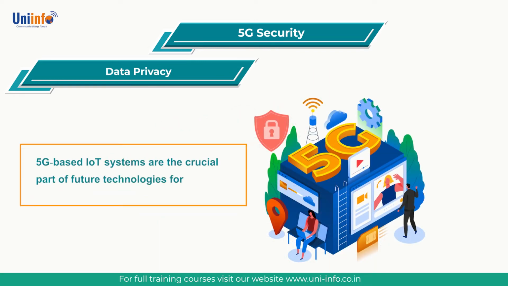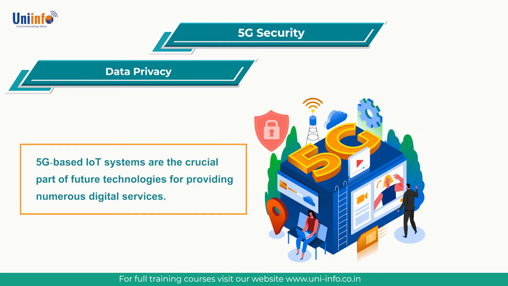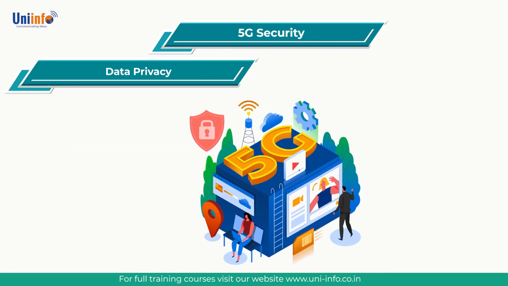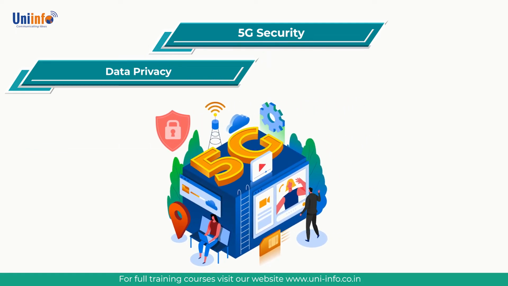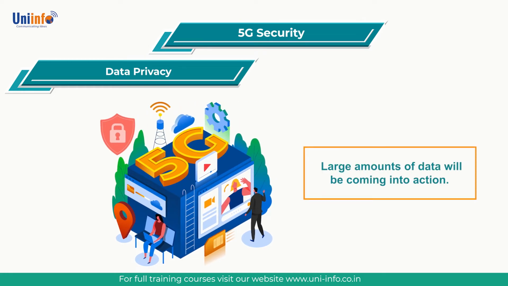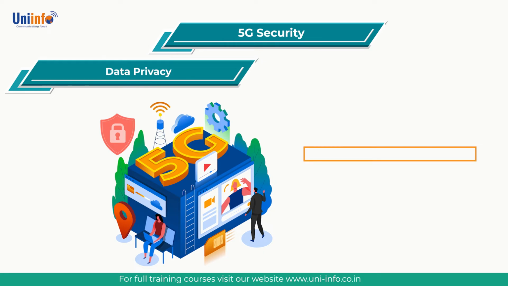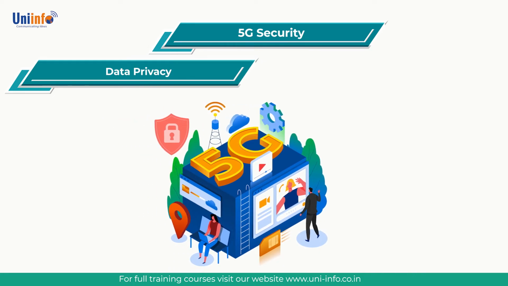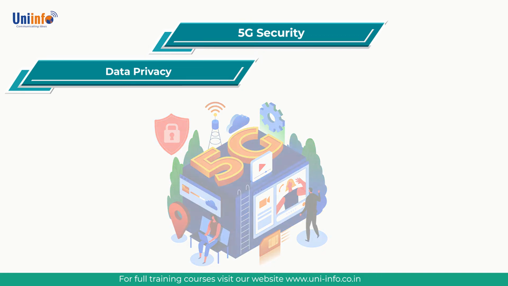5G based IoT systems are a crucial part of future technologies for providing numerous digital services. This will eventually generate massive amounts of data all the time. Since IoT is becoming omnipresent, large amounts of data will come into play. 5G will assure an increase in data transfer speeds and thus carry a higher risk of malicious attacks.